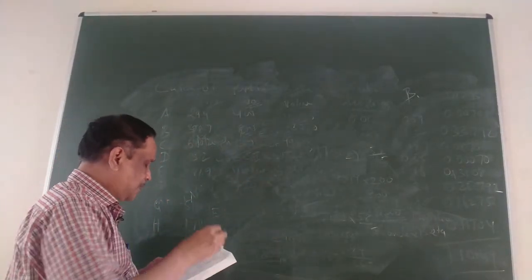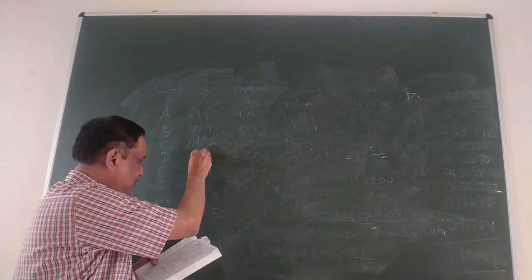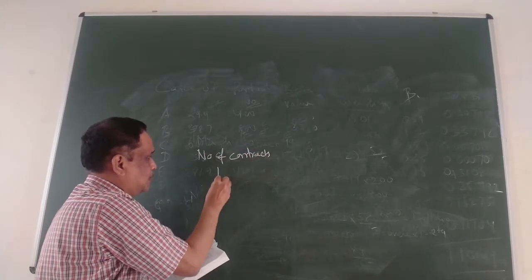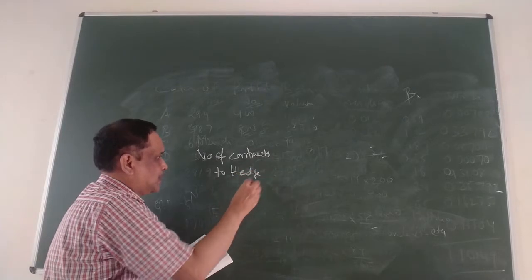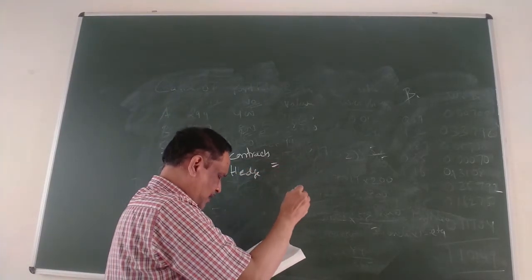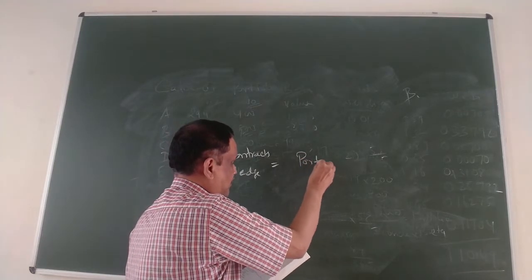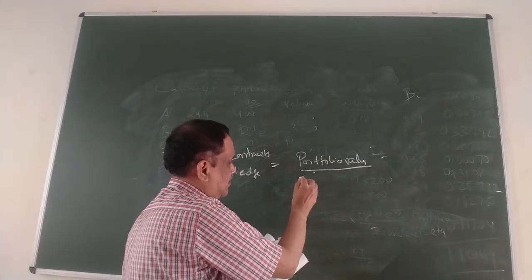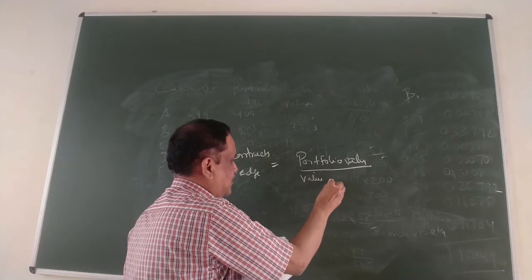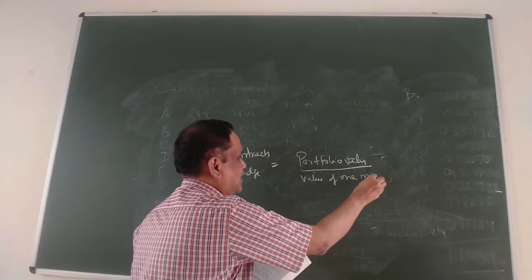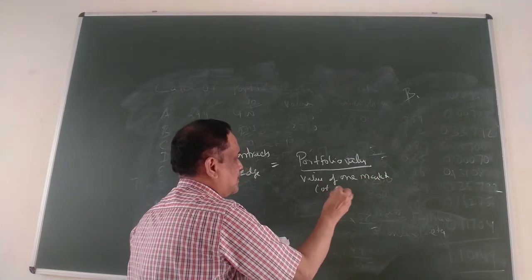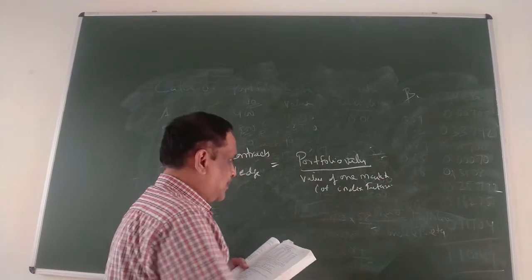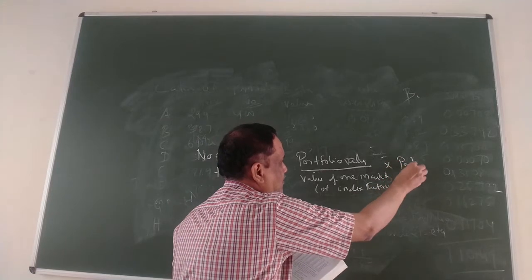So, the number of contracts to hedge, the formula is value of the portfolio divided by value of one market lot of index future, multiplied by the portfolio beta.